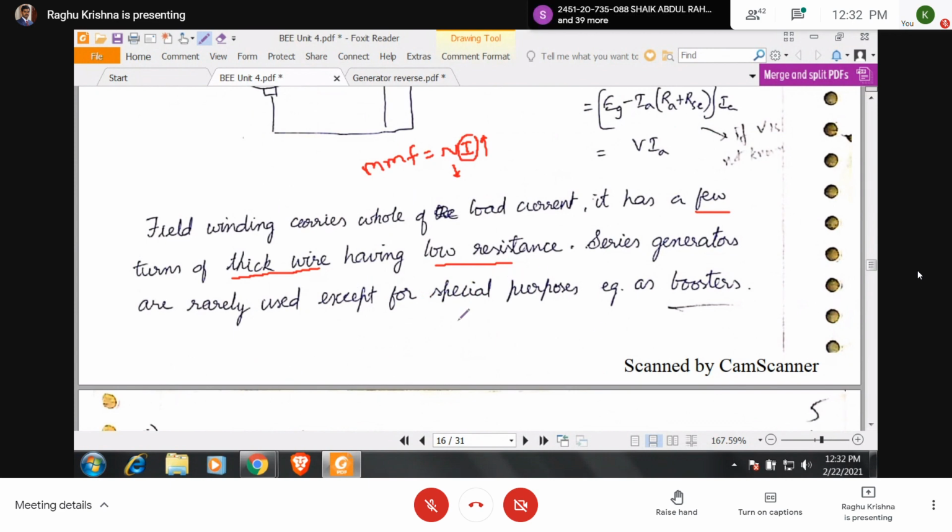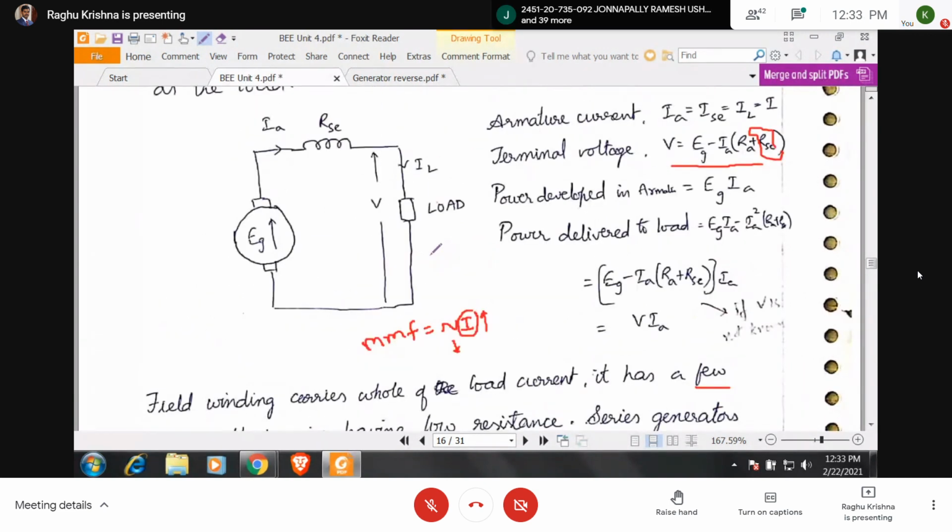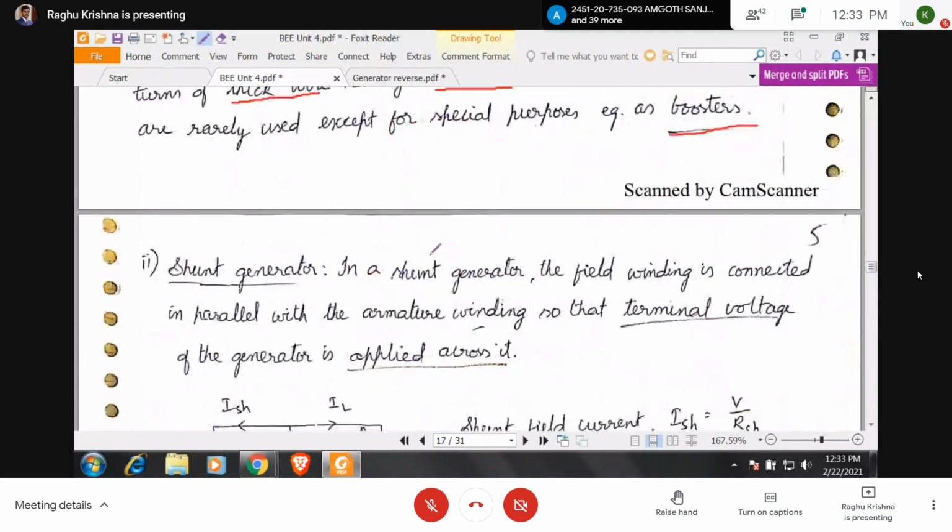Series generators are rarely used except for special purposes, for example as boosters. I will show this diagram also. It is used as voltage boosters. If you connect a series generator in series with a feeder, we are going to increase the voltage. So the main application of series generator is boosters.